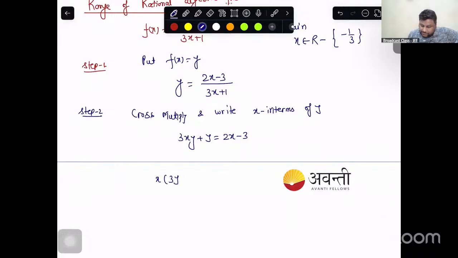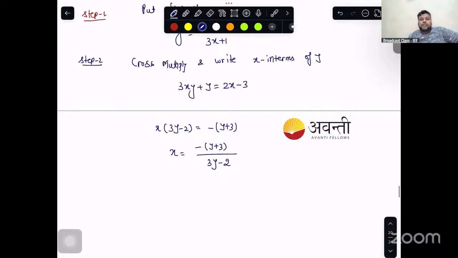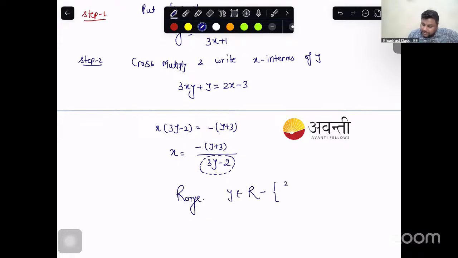So x(3y - 2) = -(y + 3). So x is -(y + 3)/(3y - 2). Now see here, y can be anything except 2 by 3. So finally you say range: y belongs to R minus {2/3}. Have a look.